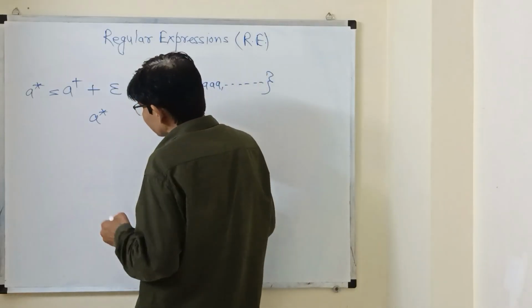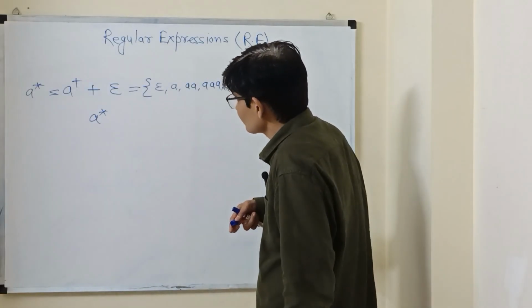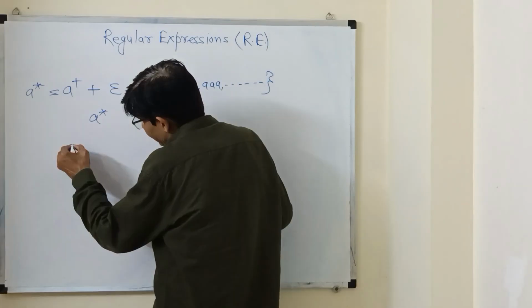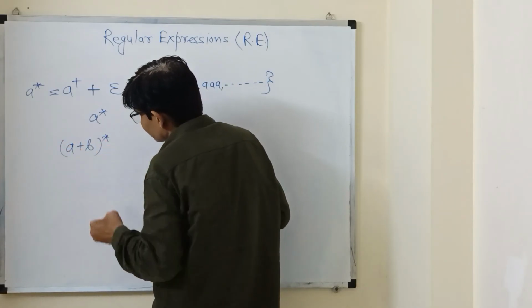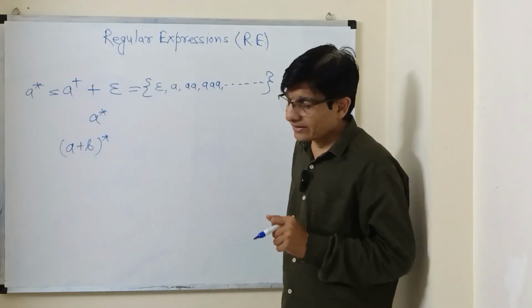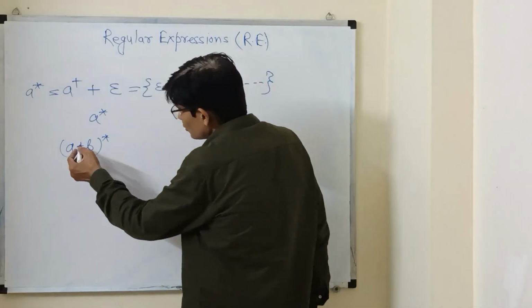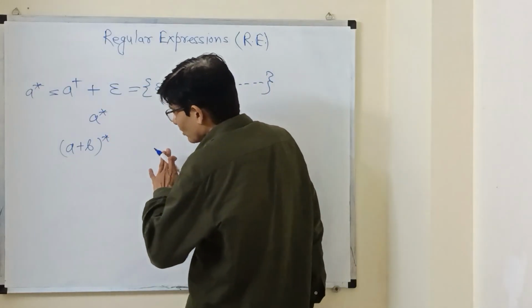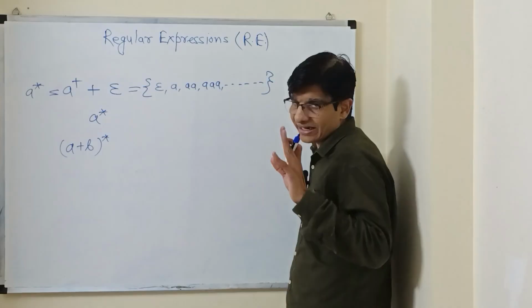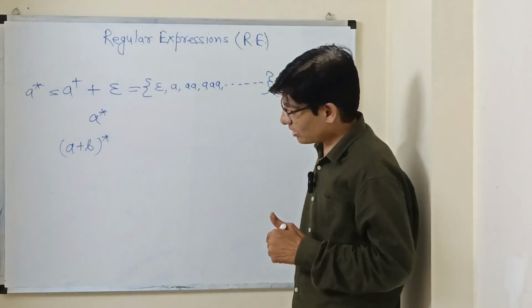Now a few more examples I can take here. Now you can see (A plus B) whole asterisk. This is one set. As I told you, this is the universal set of A and B, and it will create all possible combinations of A and B, including epsilon.